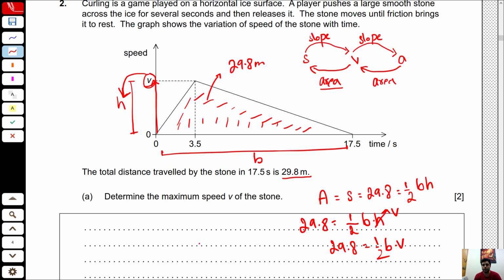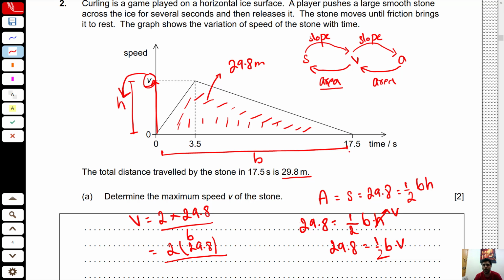Make v the subject, so v equals 2 times 29.8 divided by b. Now plug in the values: 2 times 29.8 divided by b.